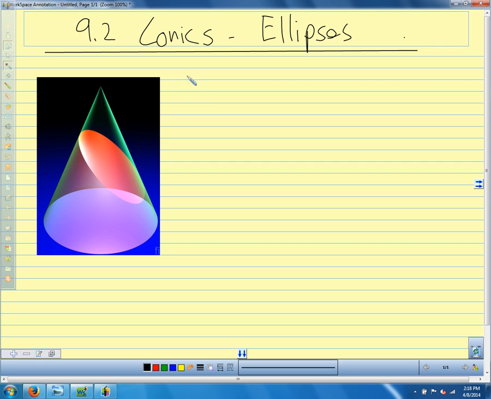All right, so we're going to start by defining our ellipse using our locus definition. So an ellipse is the locus of points. And a locus, again, is just a set of points that share some property.